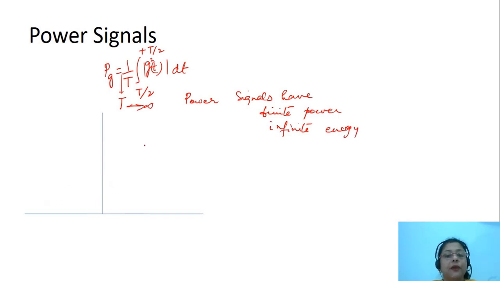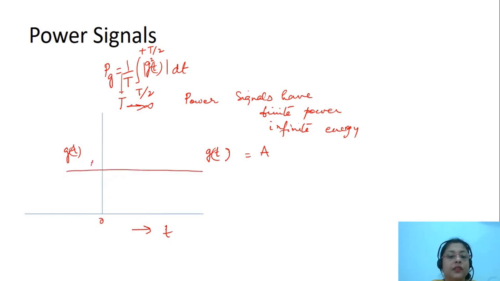So an example of a power signal can be if g(t) is equal to A. That means g(t) equal to A means this is the value of the signal. Now if you want to find out the power of the signal, Pg is equal to the limit as T tends to infinity of 1 by T, integral from minus T by 2 to plus T by 2 of A square dt.